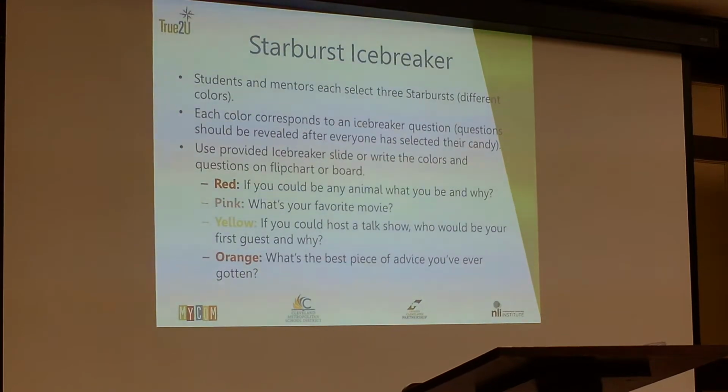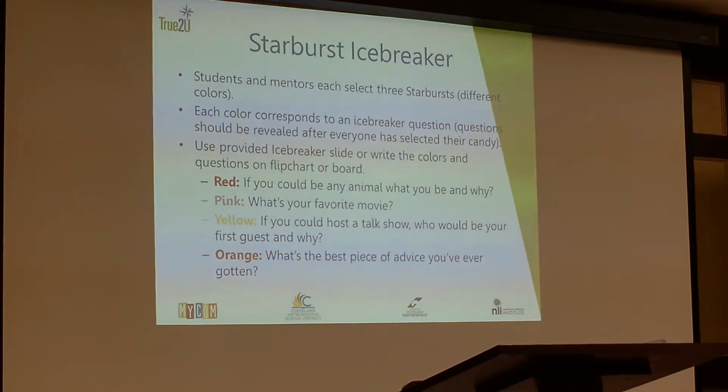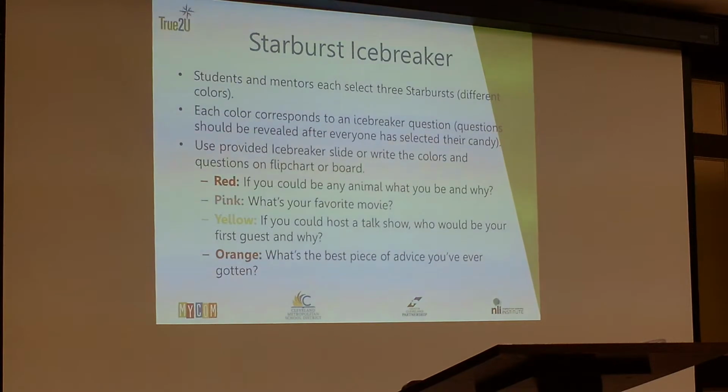You'll actually use the bag for an activity this time, which is nice. And have the students pick out, what do we say, 2 or 3 different Starburst colors from the bag. You don't tell them what the colors mean ahead of time, you let them pick, and then each of the colors represents a different question they have to answer about themselves, okay?